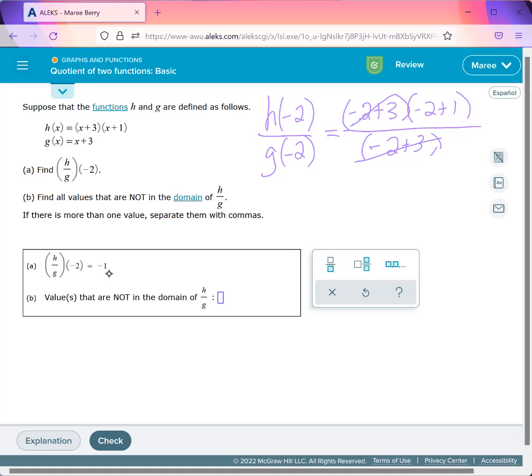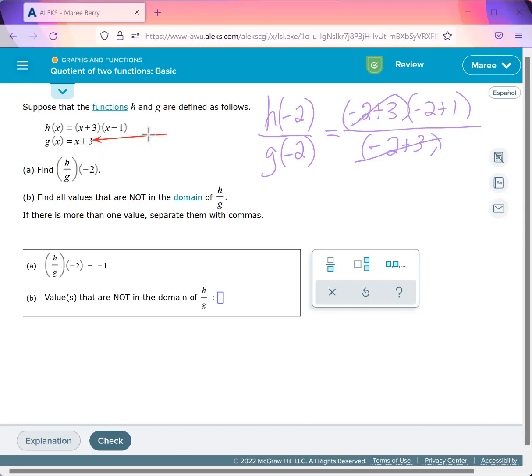And then they ask a question: what values are not in the domain of function h divided by g? So what you want to do is look at just function g, because you want to know when that is equal to 0, because we do not want 0 in our denominator.